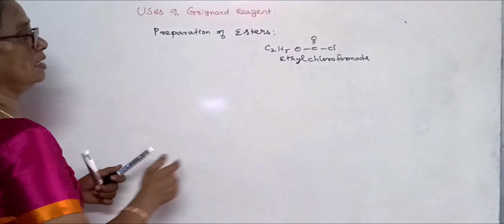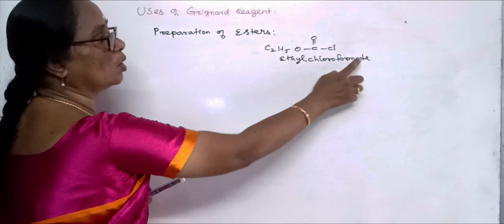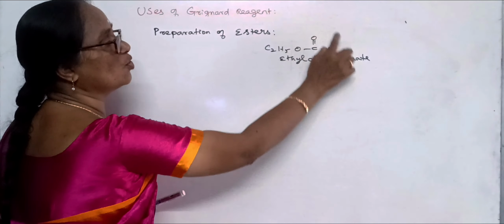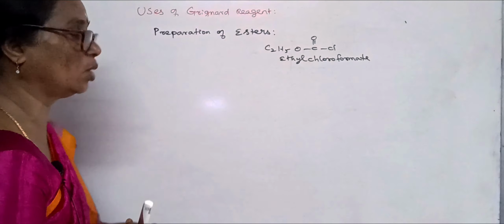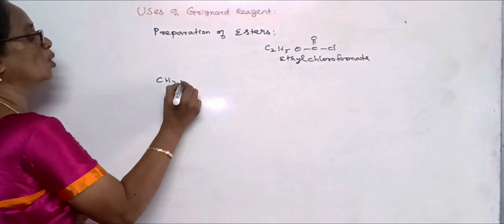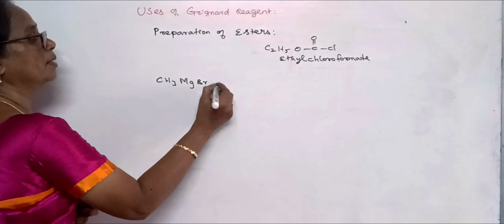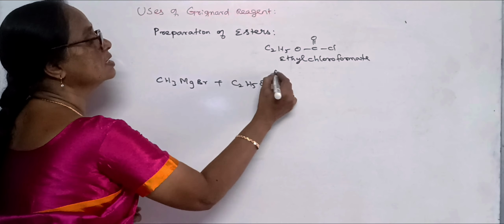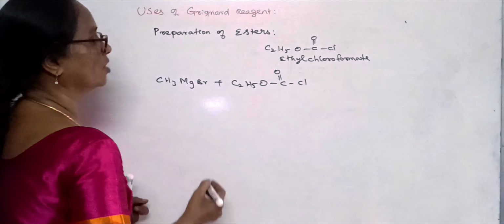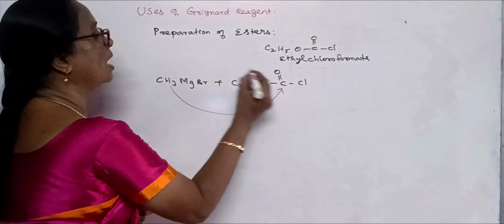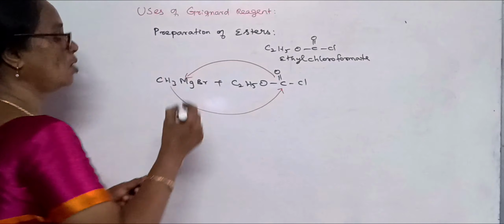Preparation of ester. Esters can be prepared from ethyl chloroformate. This is ethyl, this is chloroformate, so the name is ethyl chloroformate. Let us take methyl magnesium bromide, CH3MgBr, with C2H5OCOCl. So here the methyl group goes to the carbonyl carbon and the MgBr to oxygen.